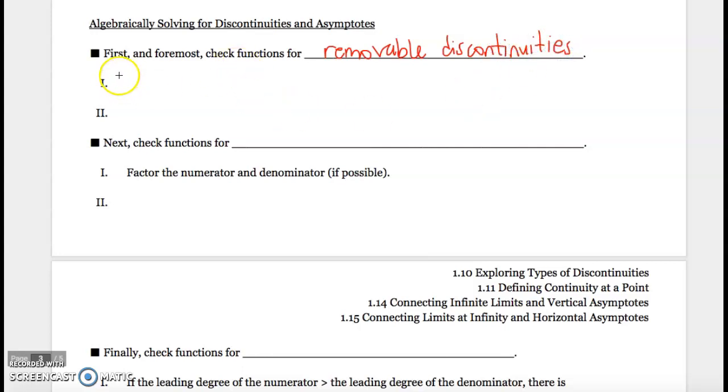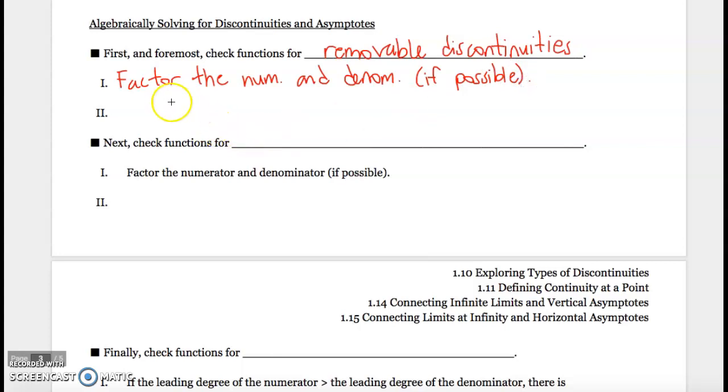And how we do this is we first factor the numerator and denominator, if possible. Okay.